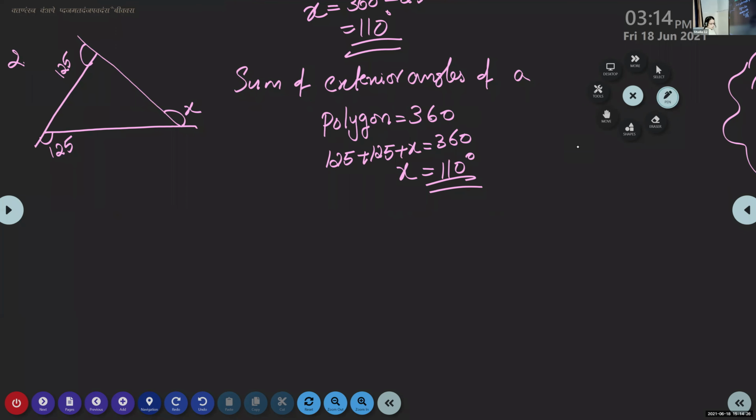Second question. Next figure: a pentagon, 1, 2, 3, 4, 5, five sides.